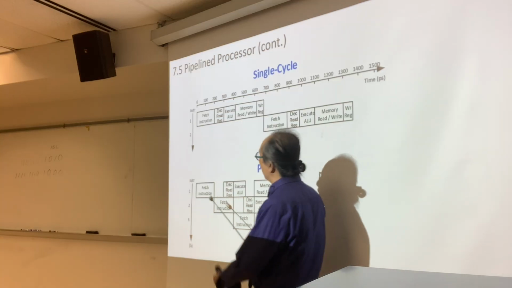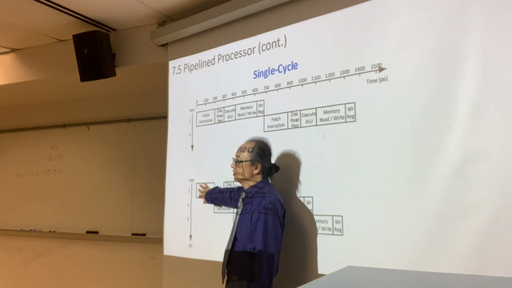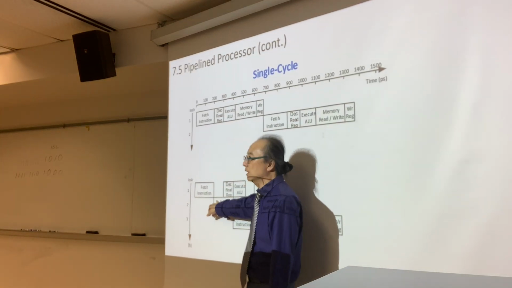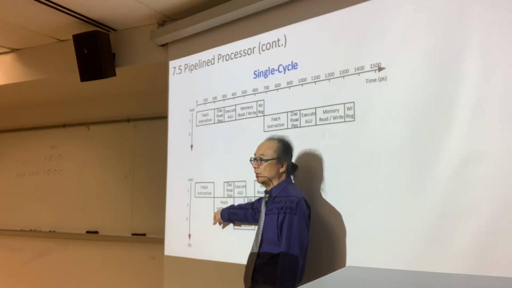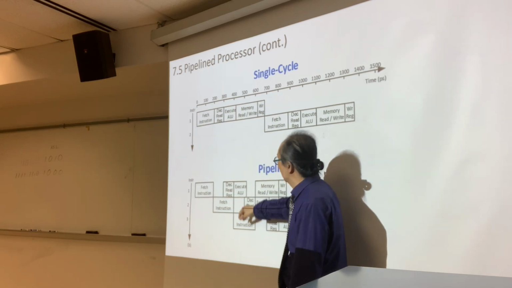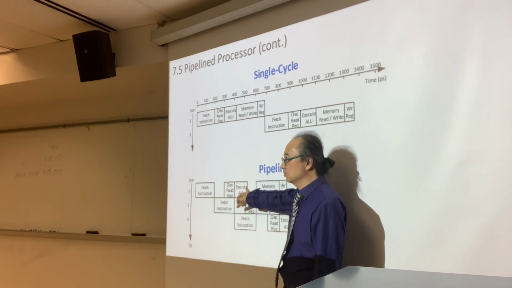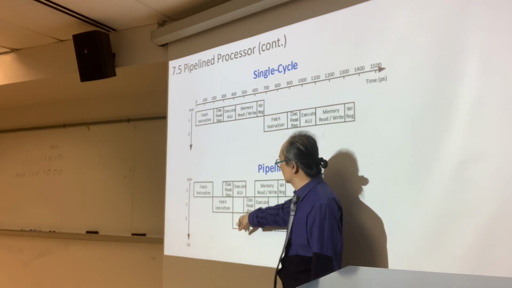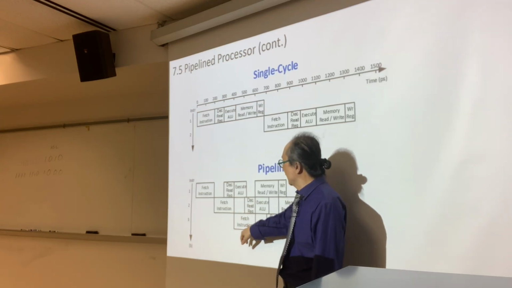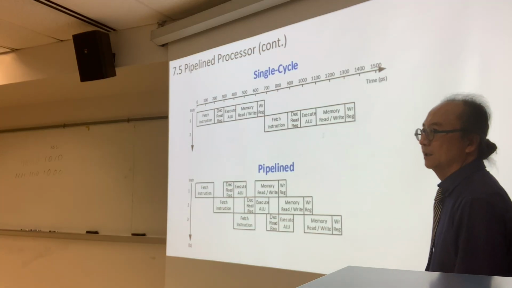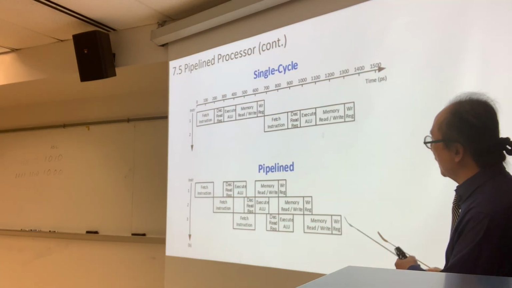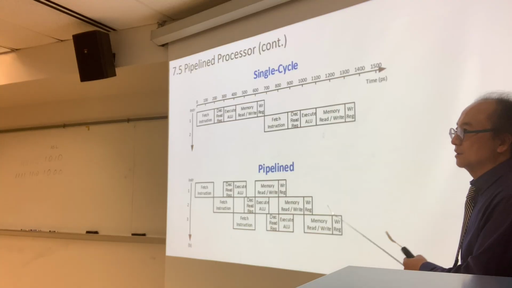However, when we do the pipelining, after I fetch an instruction, I can feed the next instruction. So while I'm decoding the first instruction, I feed in the second instruction. And the first instruction is in the execution stage, and the second instruction is in the decode stage, and then the third instruction is getting into the pipeline. That way we can have at most 5 instructions at the same time.